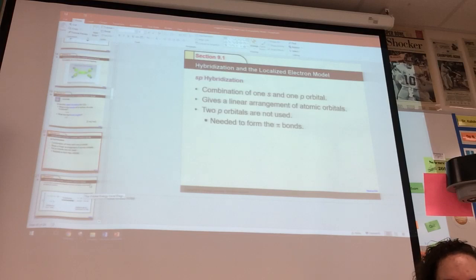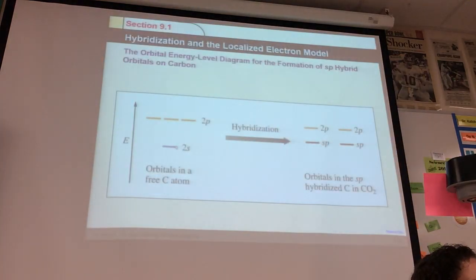Save a smidgy of room where you drew ethylene, because I'm going to draw a different one near it, but since I mentioned SP, let me continue with it and then I'll go back. What you're going to find here is a blending. Again, 1 2s, 1 2p, and you get 2 2s of equal energy, but you have 2 2p's that are not utilized.